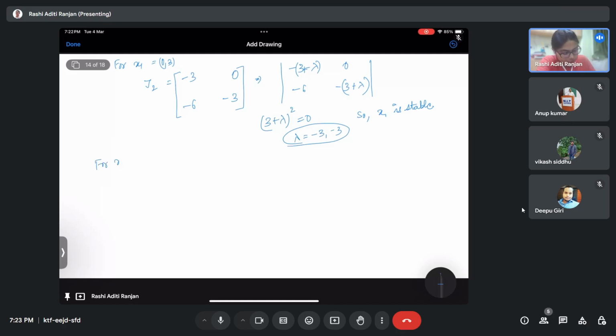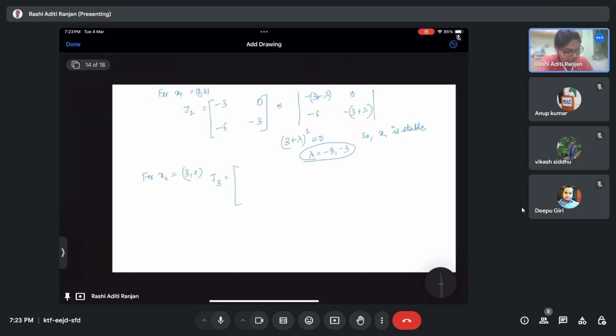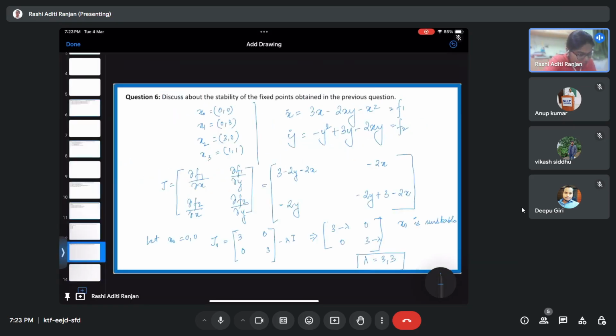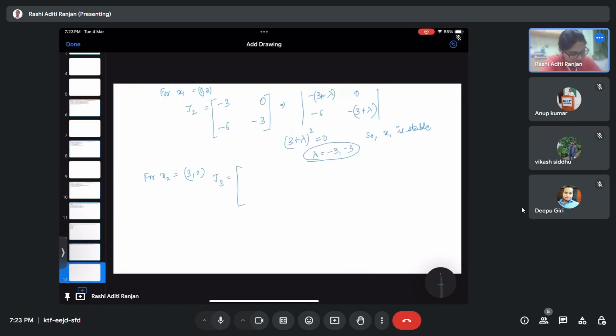Now for x2, which is nothing but (3, 0), I'll have my Jacobian J3 as the same, I guess, because we'll have 3 minus 2y minus 2x, 3 minus 6, which will be minus 3.